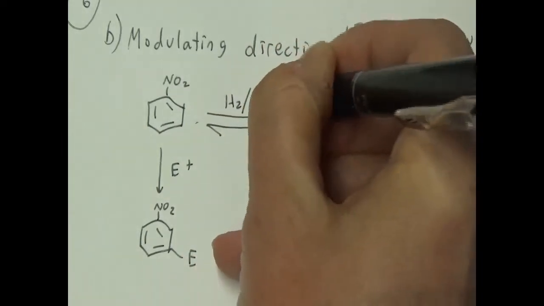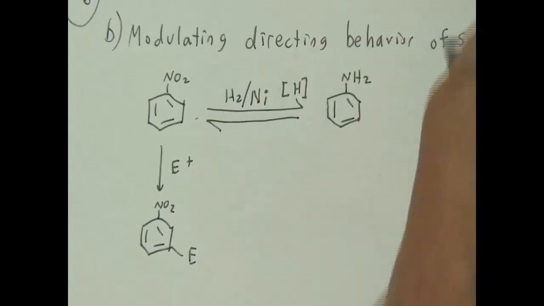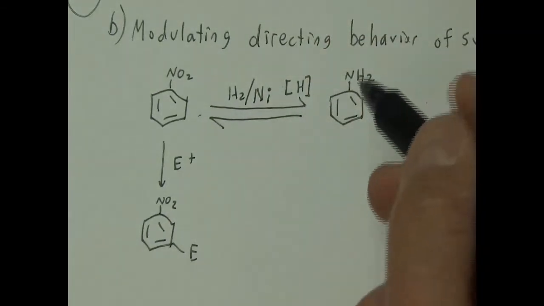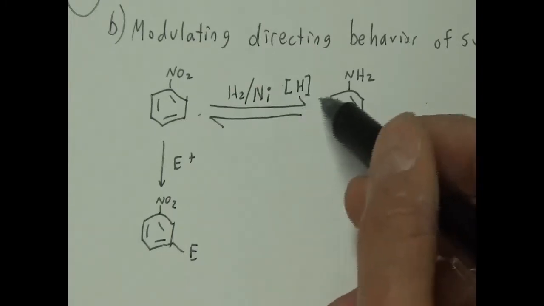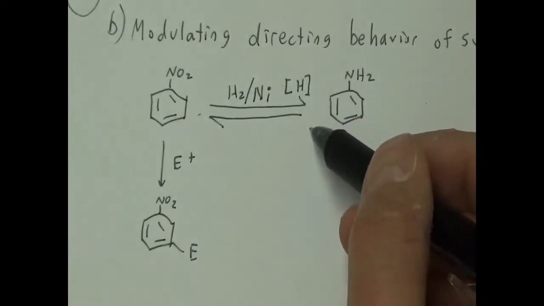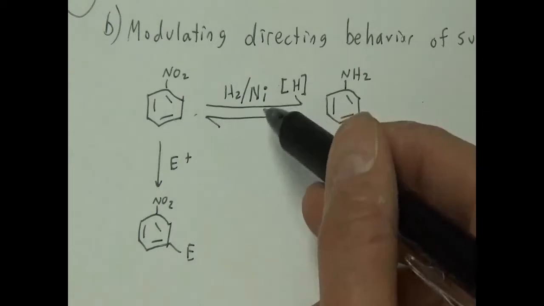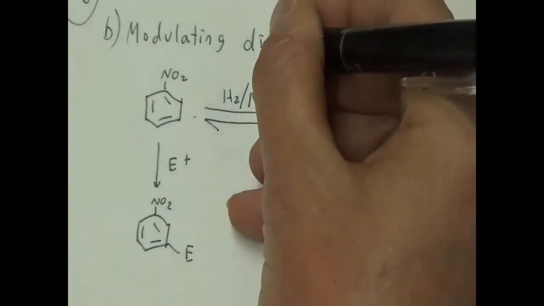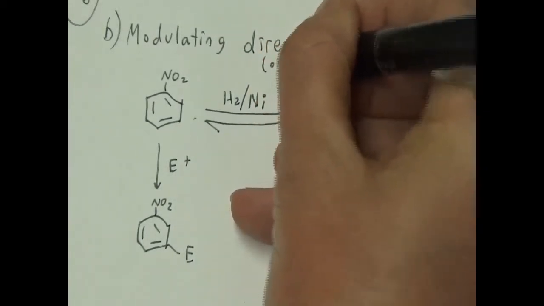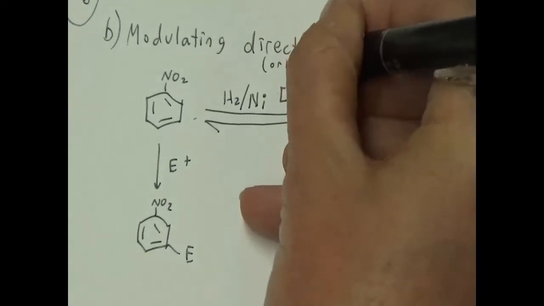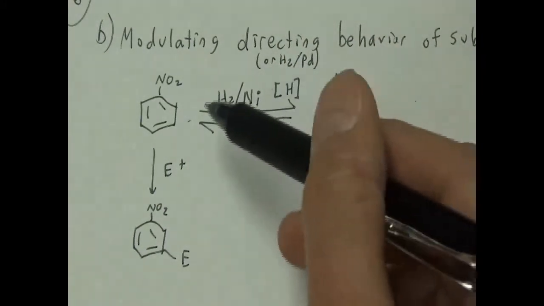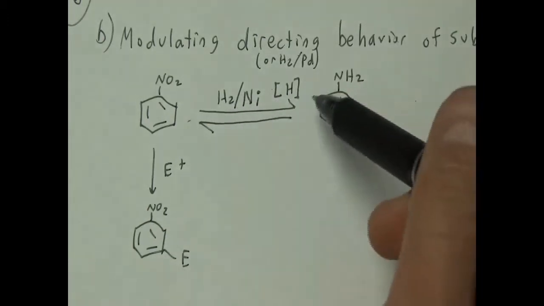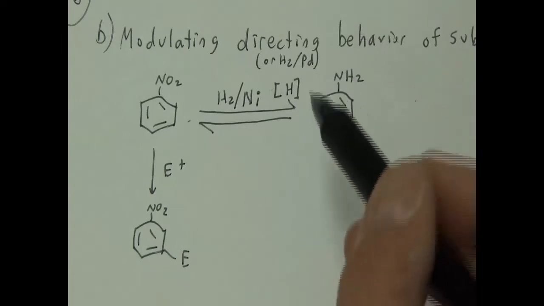I also abbreviate this with [H] in brackets, which is an abbreviation for reduction. Okay. There are other metals like palladium, like H2 palladium. There's probably 1,000 ways to do this, but the book kind of emphasizes H2 nickel, so you should know that.